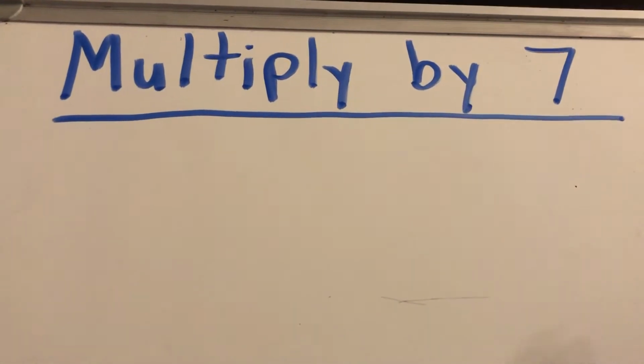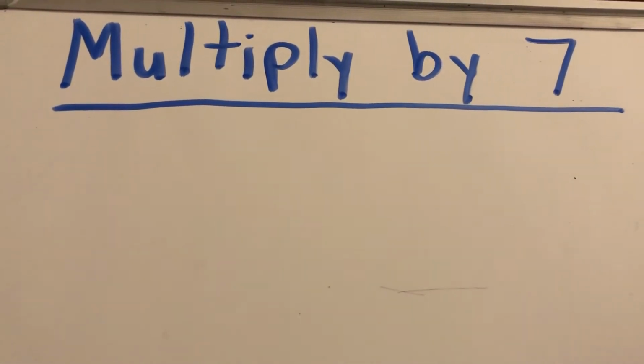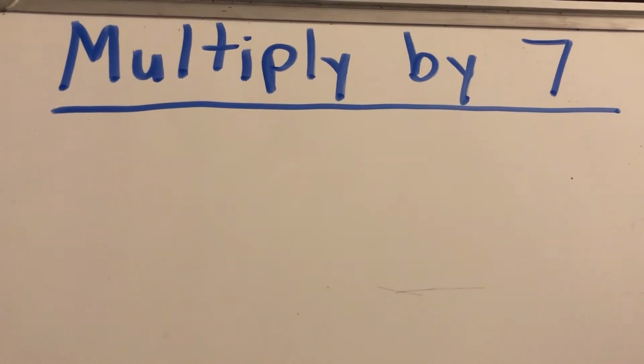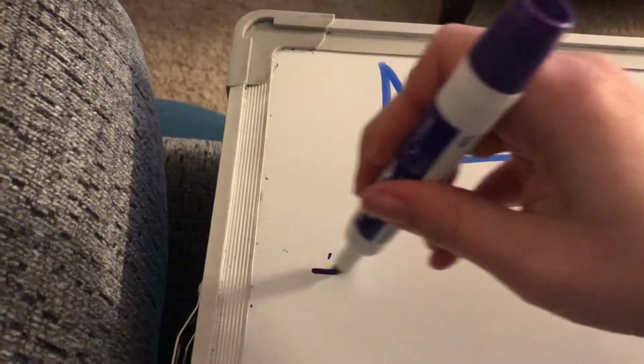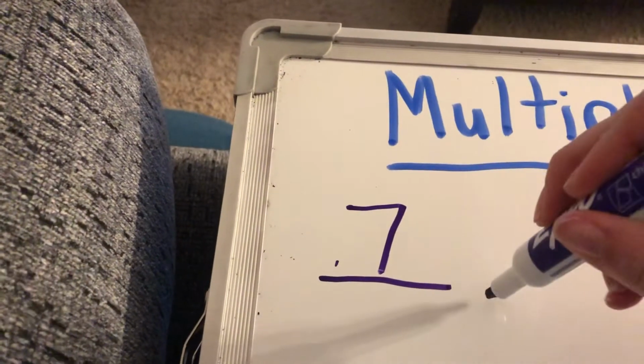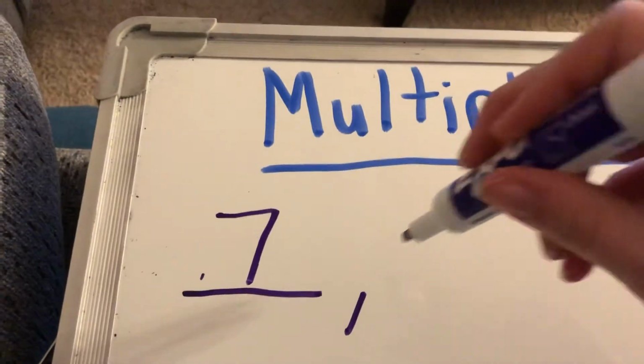So if we are counting by 7, what number do we start with? Right, 7, exactly. So 7. Now what number would we add?